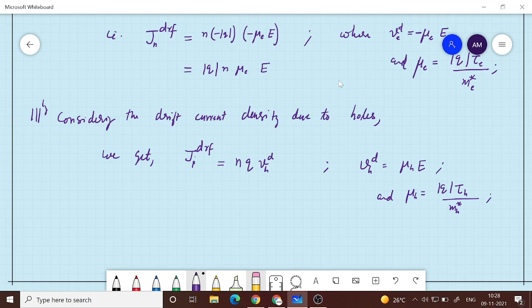Now if I substitute, q is for holes. Sorry, one more thing I made a mistake here: instead of n it will be p, the concentration of holes.